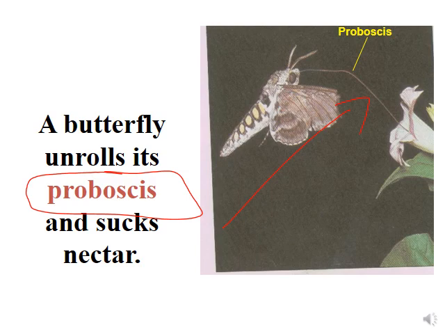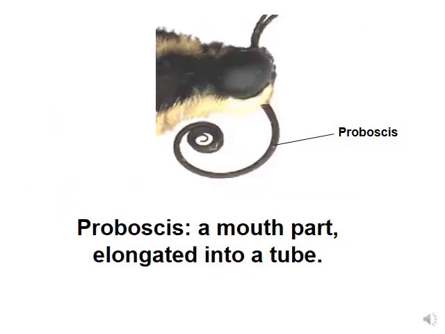So as I said, the butterfly has a special tool which is called the proboscis. This is the proboscis, a mouth part elongated in a tube, and it's used for sucking the nectar.